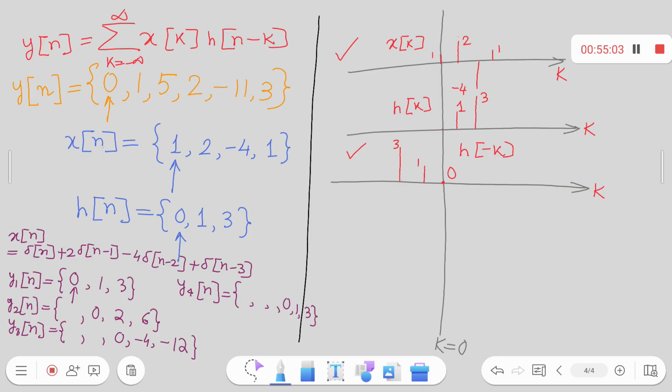That means already I've got h of minus k. Okay. And then if you shift this h of minus k in the left hand direction, do you have any overlapping? No. So these values will be 0 altogether.